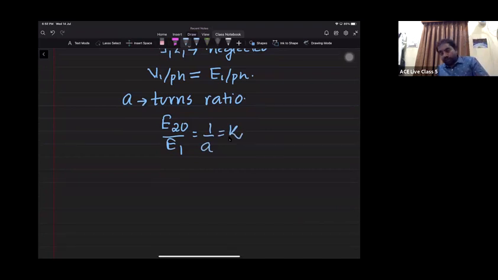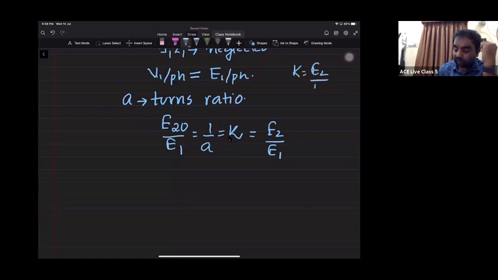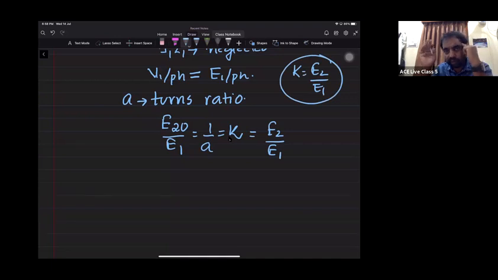Then you may have a doubt. Sir, in case of induction motor, we have two E's, one is E2, the other one is E2 naught. In case of a transformer, K is equal to E2 by E1, since there is only one voltage in the secondary. There is no doubt in that.